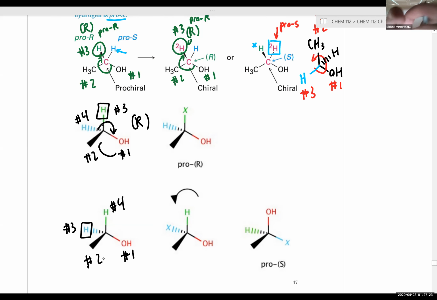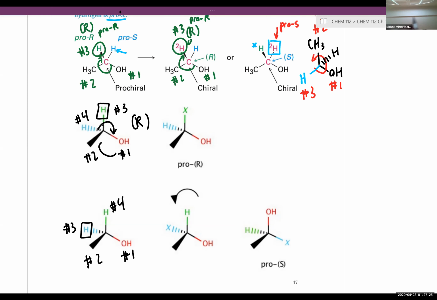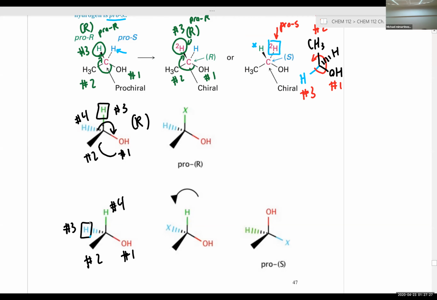And if we rotate our molecule, so this hydrogen is no longer in the back, and our lower priority hydrogen instead is in the back, we get the following arrangement. As we can see, if we count from highest to lowest priority, we're counting counterclockwise, we'd get an S stereocenter, so we call this hydrogen pro-S.